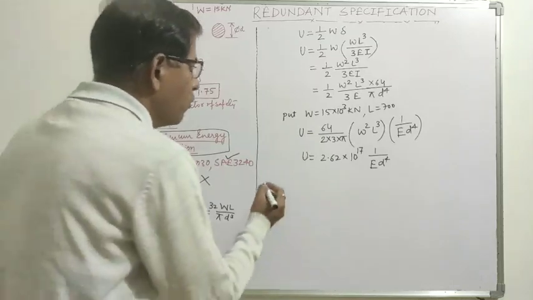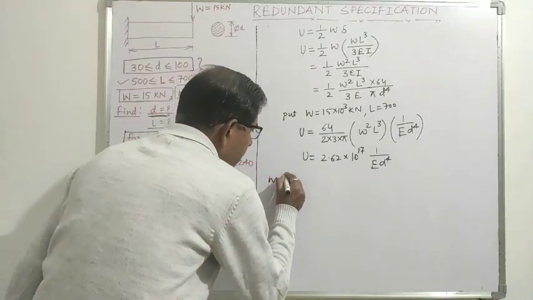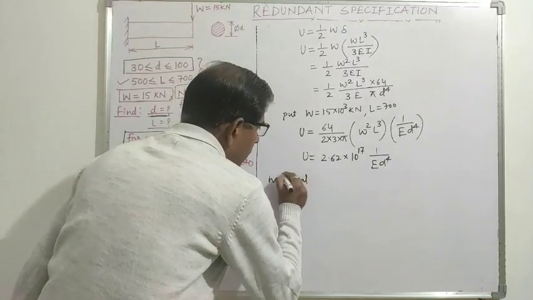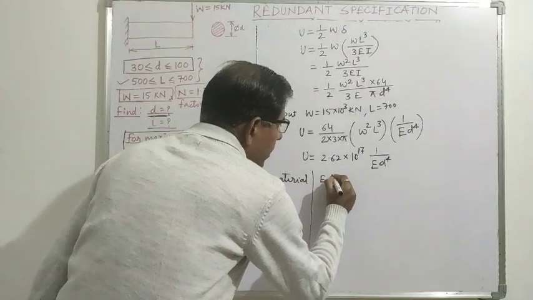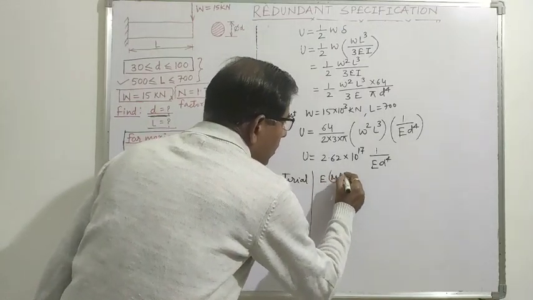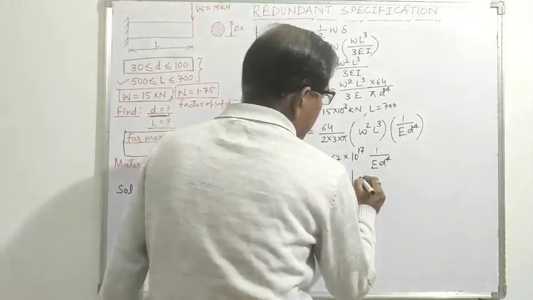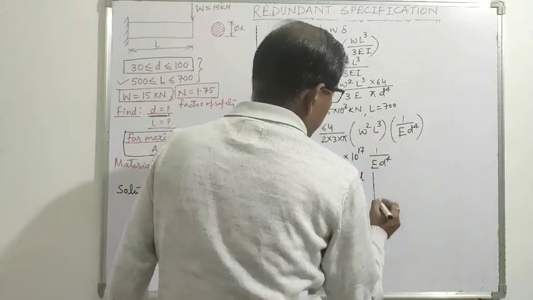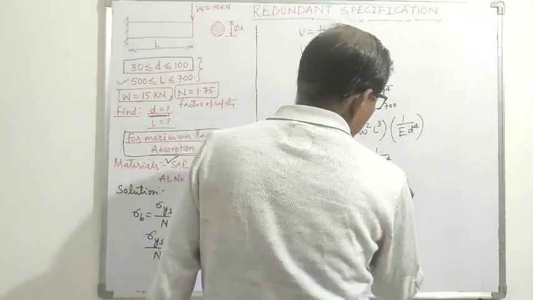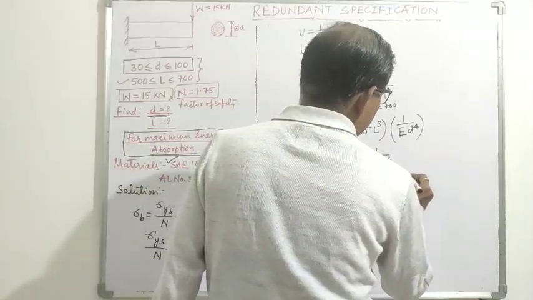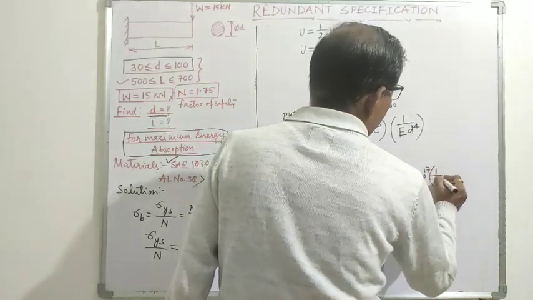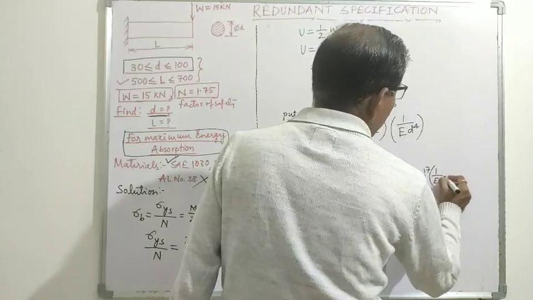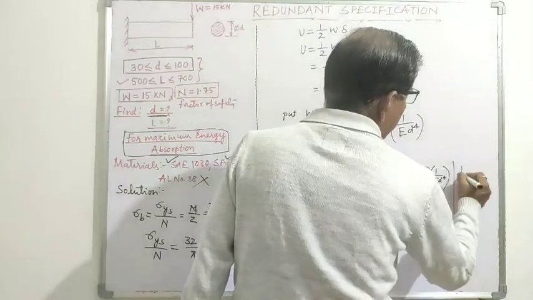So now we plot material, its Young's modulus value in megapascal, then D, and then energy absorption U equal to 2.62 × 10^17 × 1/(E d^4), and then the remark.